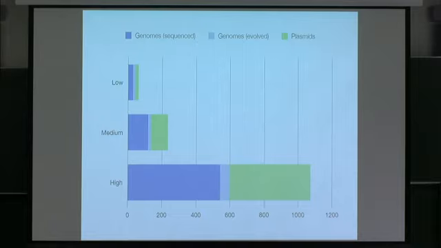The medium one has a total of 220, 230 genomic elements, and the high one is really a high diversity one. What you see here in green is the amount of plasmids in the data sets. Dark blue are the real sequenced chromosomal DNA, and light blue is how many strains we artificially simulated using Aaron's evolver.